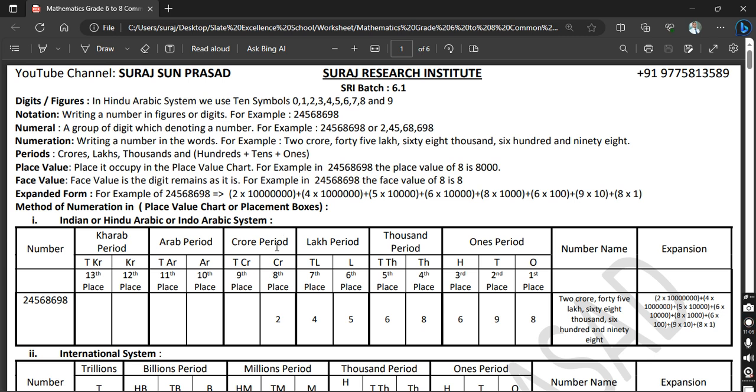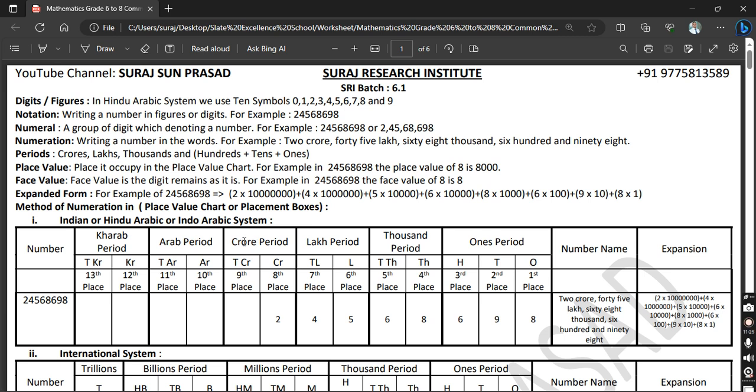This is one box. After that, comma again, 45, it is the lakh period. After that comma again 68, after that comma again 698. So this is a particular way to find it out, and in this way we should insert the commas.